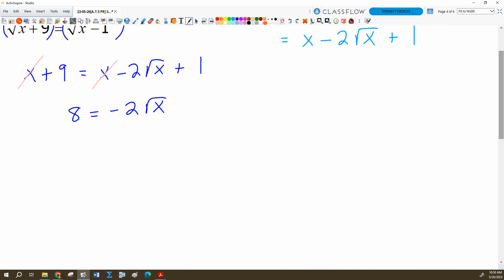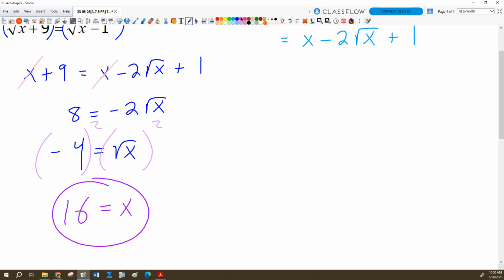So I get square root of x equals negative 4. Now what? Now I square both sides. So if I square both of these, I'm going to get x equals 16.